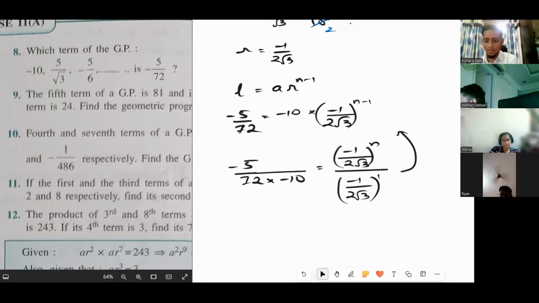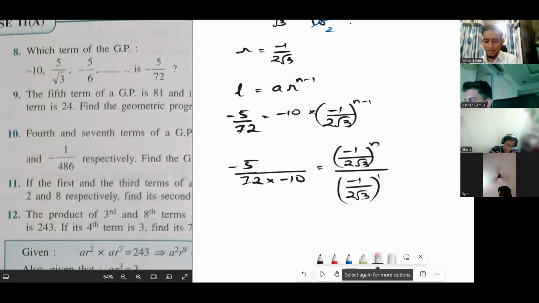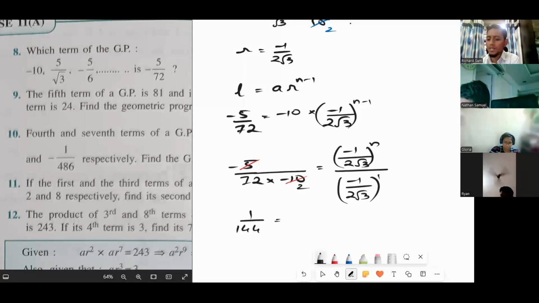Okay, so from here it will be more easier to solve now. So on the LHS we can cut 5 and 10 and the minuses also. So that will be 1 upon 144 equal to, here this division will convert into multiplication. So that will be minus 1 upon 2 root 3 raised to n into 2 root 3 upon minus 1.